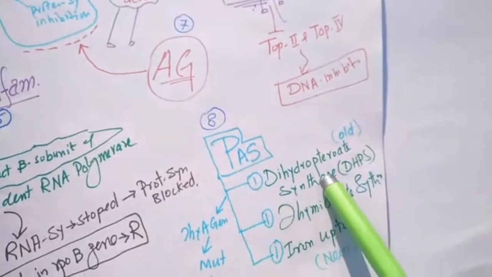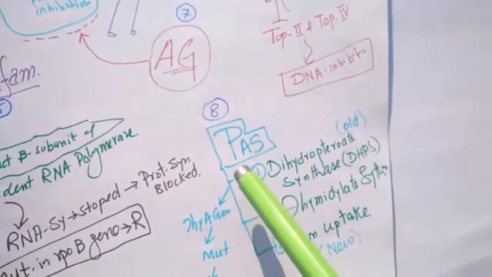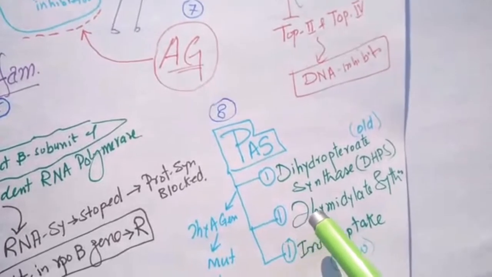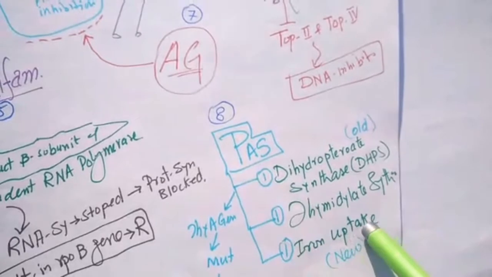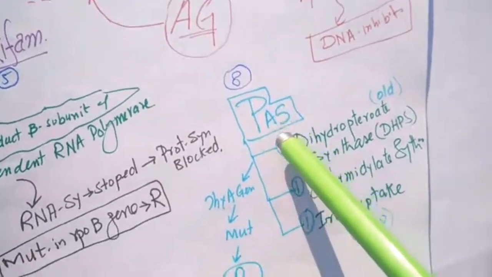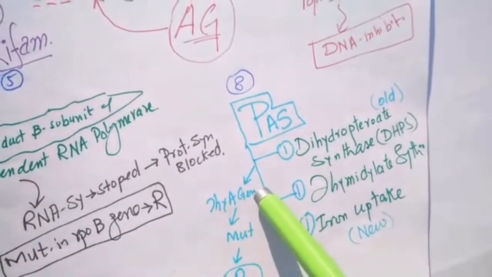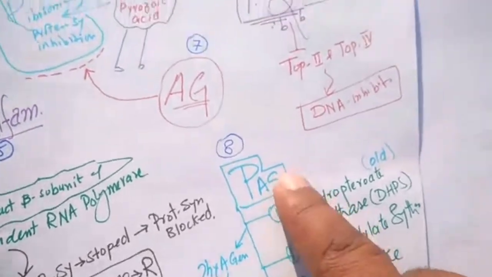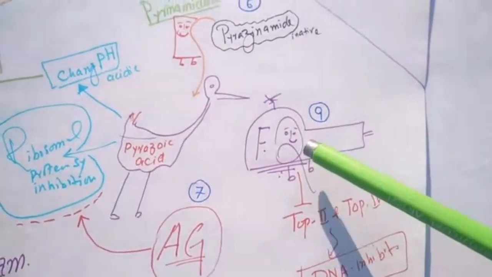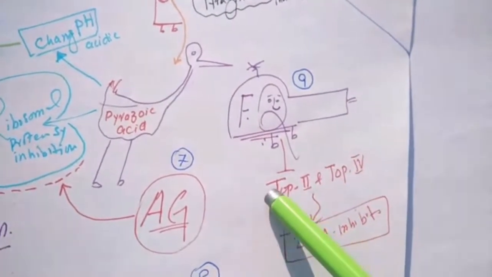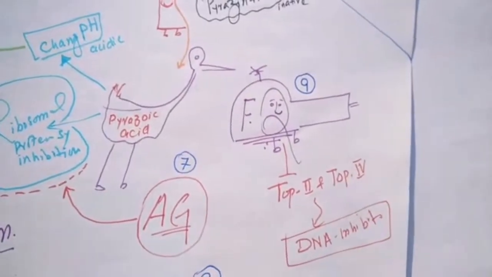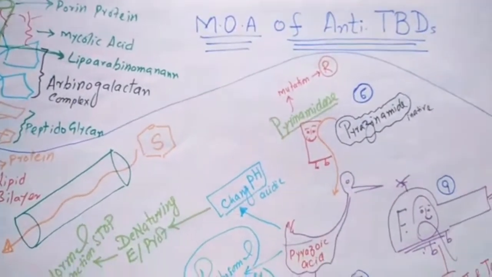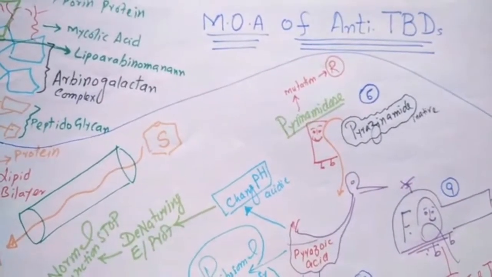This was the old concept, but according to the new concept, this PAS drug inhibits thymidylate synthase and even the iron uptake of bacteria. So mutation in the gene THYA is responsible for resistance toward PAS. Fluoroquinolones block topoisomerase 2 and topoisomerase 4, which are responsible for DNA inhibition. And these are the anti-TB drug mechanisms.